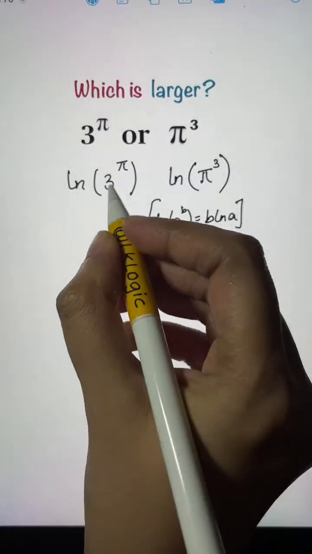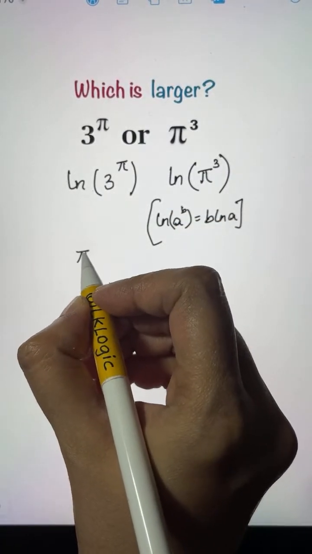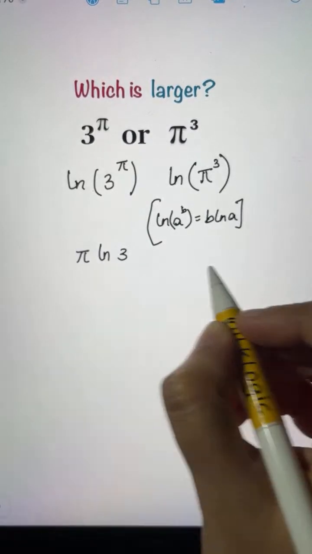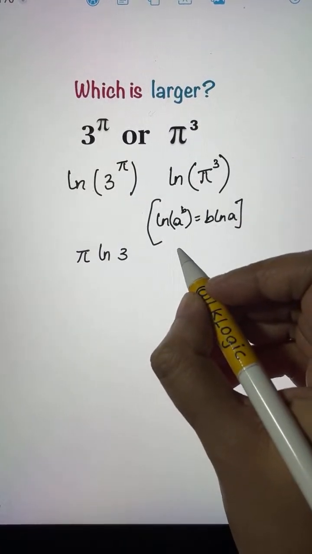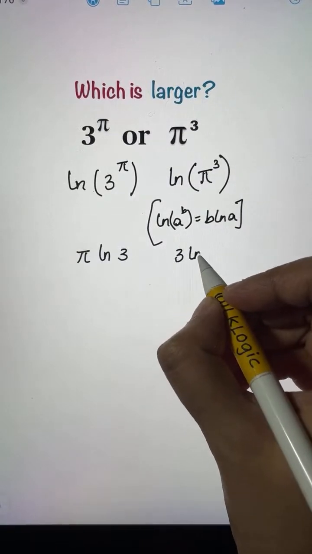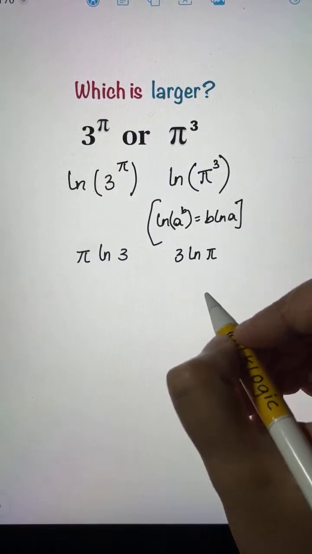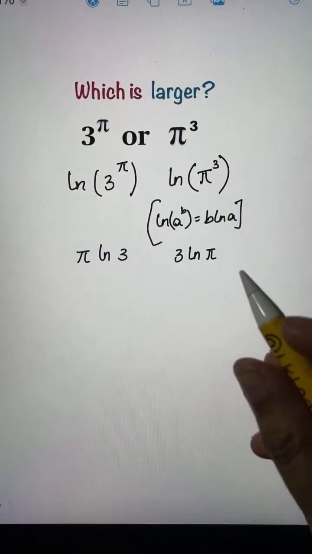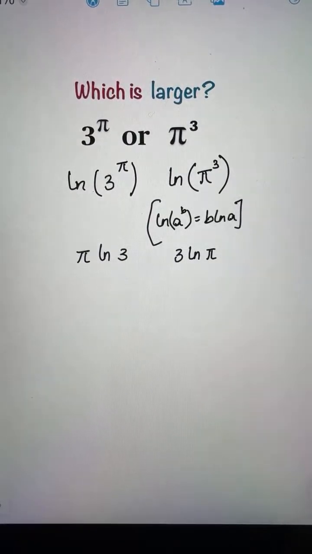So here what do we have? Pi natural log of 3, and here we have 3 natural log of pi, right? Next, we're going to divide both sides by 3 pi.